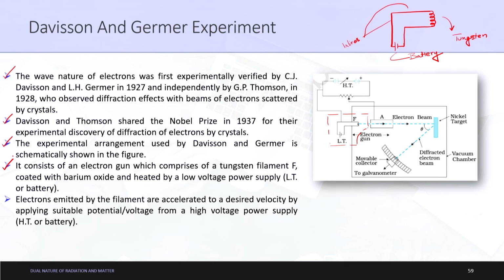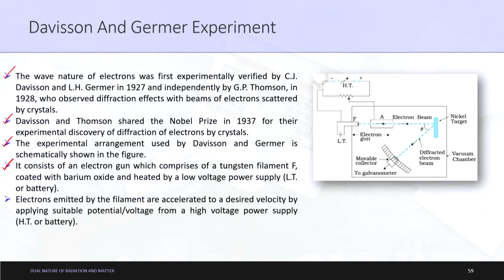Electrons emitted by the filament are accelerated to a desired velocity by applying a suitable potential or voltage from a high voltage power supply. To explain what is written in this slide: the electron gun has a tungsten filament supplied energy by a low voltage power supply, but the electrons emitted by the filament have to be accelerated.